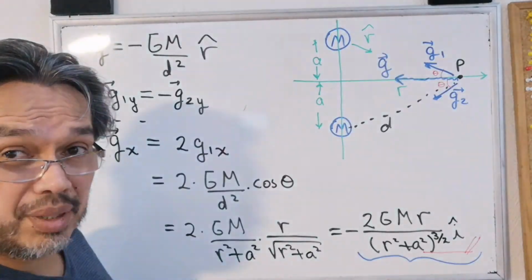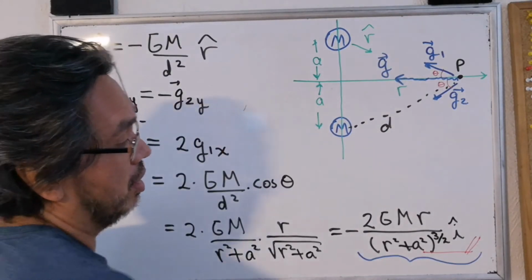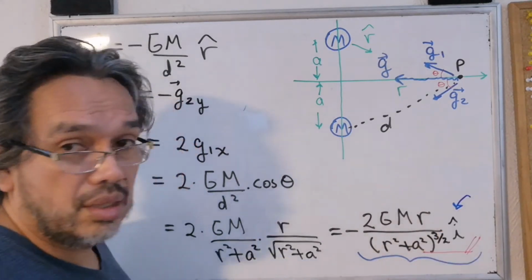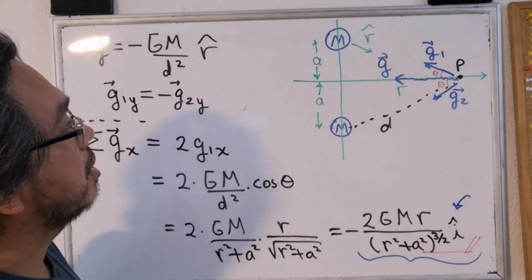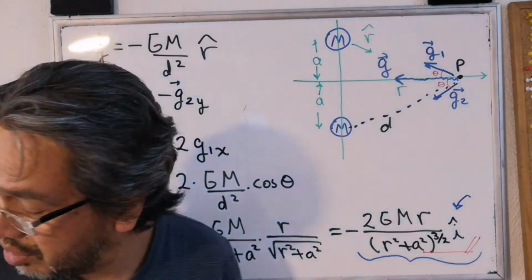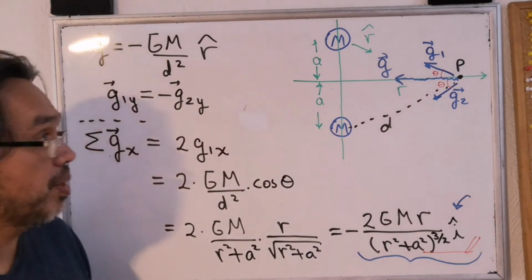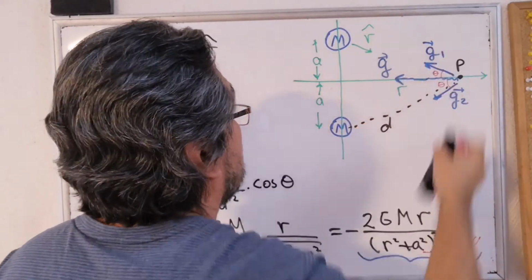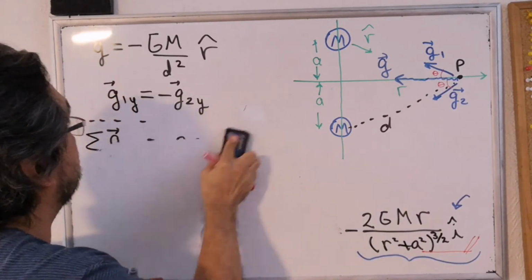It's negative because it's pointing left, and it's completely horizontal, hence the I vector over there. Now, physically speaking, what is going on that causes this field to be smaller and smaller as we take an R that is ever and ever smaller?